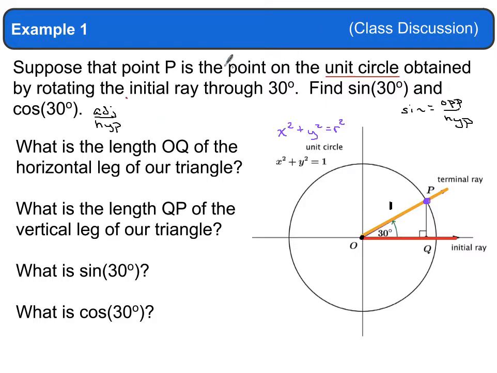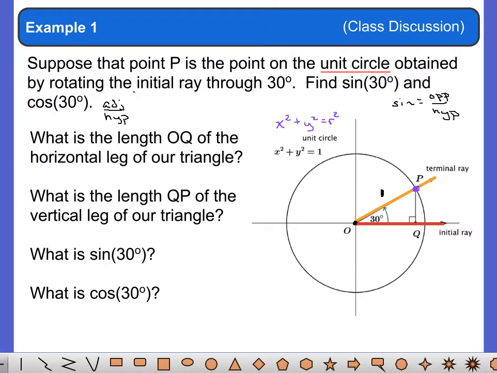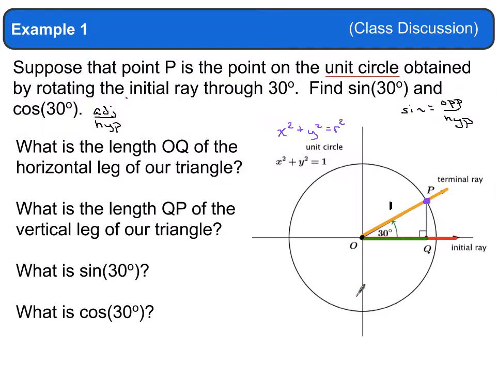They want us to find first what is the length of OQ. So OQ, that's not the entire red line. OQ literally goes from here to here. This green line would be OQ. They want to know what is the length of that.